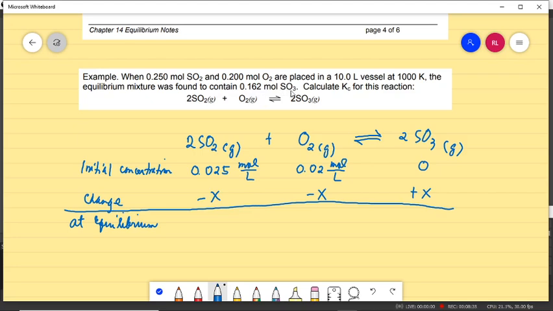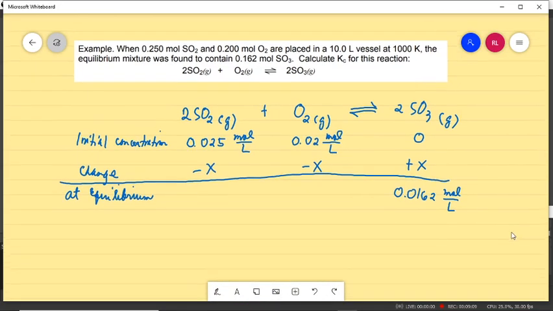So therefore, the concentration of our product sulfur trioxide at equilibrium is 0.162 divided by 10, that is 0.0162 mole per liter. So this is the amount of sulfur trioxide that is present at equilibrium.